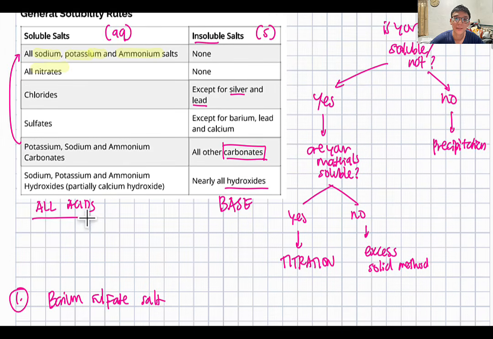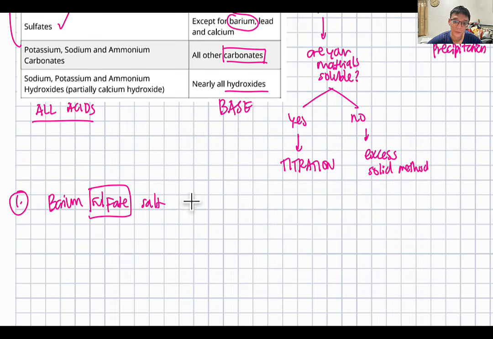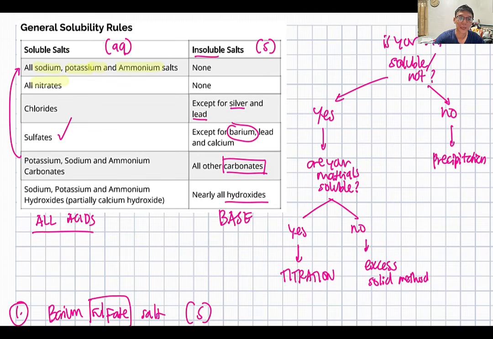So let's see this chart. Sulfate is here, and barium sulfate is actually insoluble. So barium sulfate should be solid. It means that from this flow chart, is your salt soluble? No. So we should use the precipitation method.